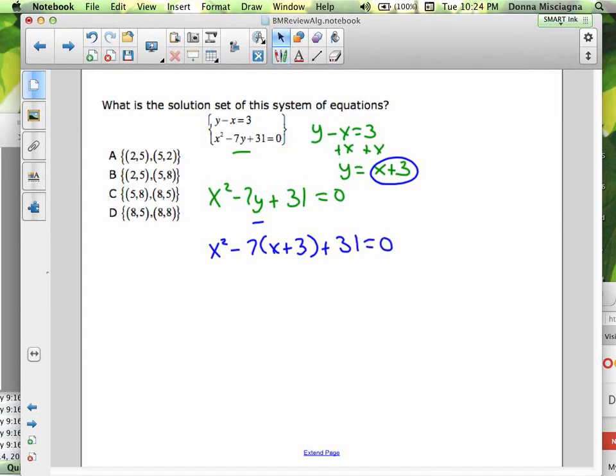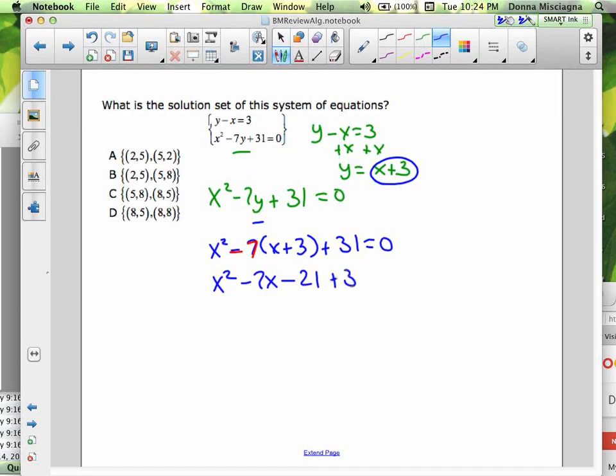Now, make sure you distribute that negative 7 to the x plus 3. So we have x squared minus 7x minus 21 plus 31 equals 0. So that's x squared minus 7x plus 10 equals 0. And now we can factor that.